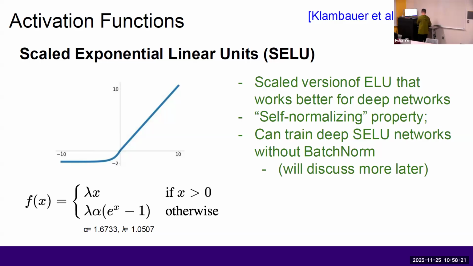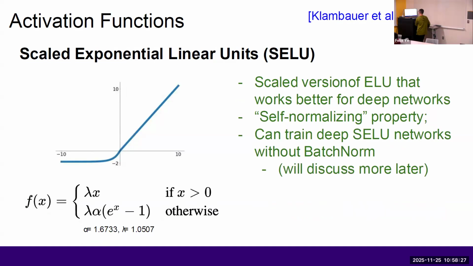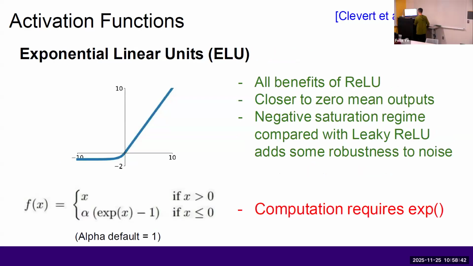If we plot this out, it looks very similar to ELU, but it's getting slightly more negative than ELU. So the difference is very minor, it's just that the performance gets better if we use this scaled version. The difference is we simply add a lambda here.